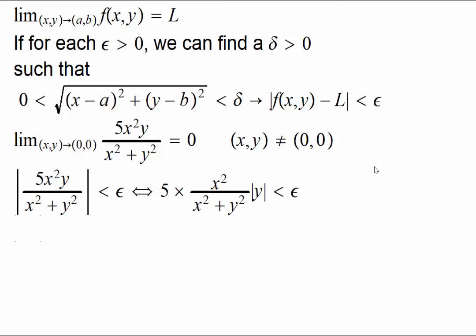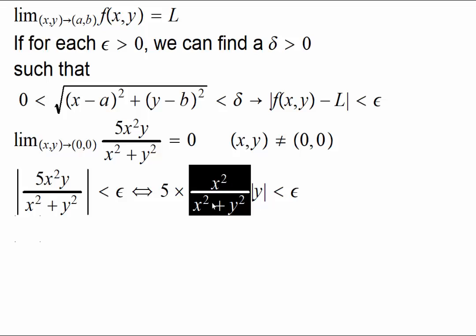Now this quantity here, you can see that this is going to be less than or equal to 1 always, because the denominator is more than the numerator. So if this is always less than or equal to 1, then what will happen?